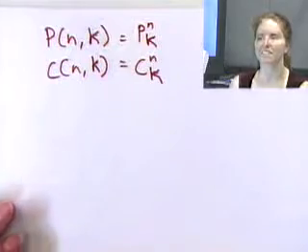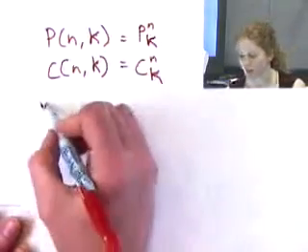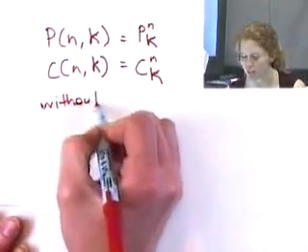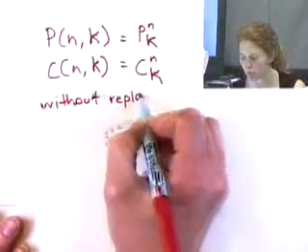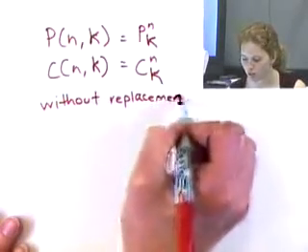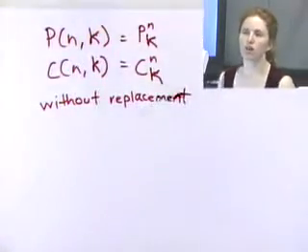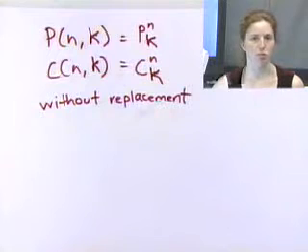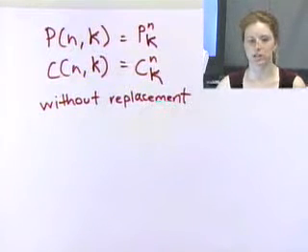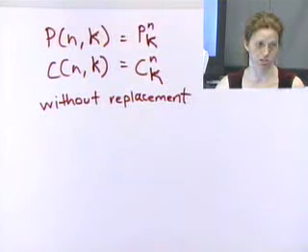Okay? So these are without replacement. If you ever see these formulas, this means without replacement. So that's just something that people assume. If you tell a mathematician to calculate this number, they're going to assume you mean without replacement. And your calculator assumes that too.